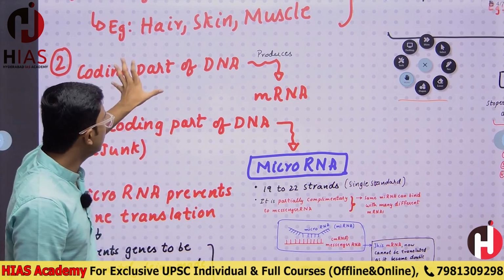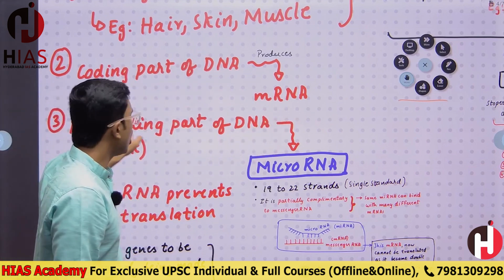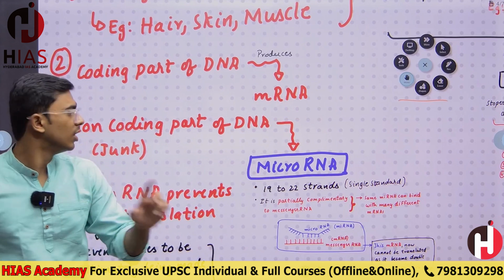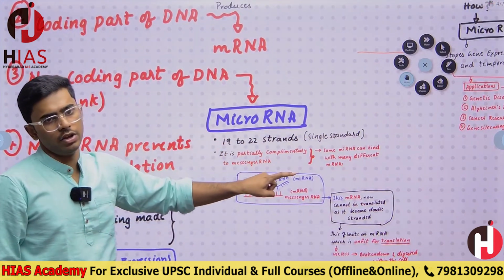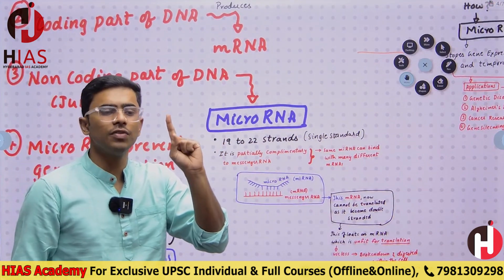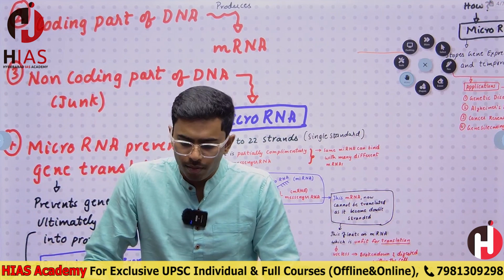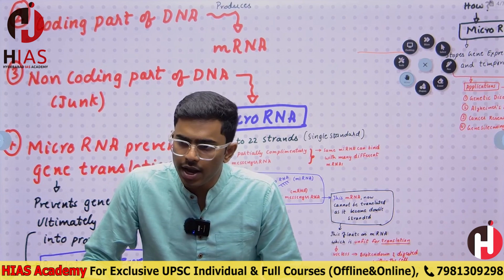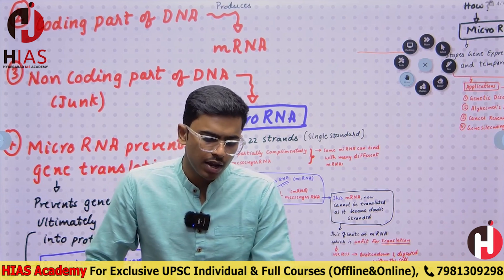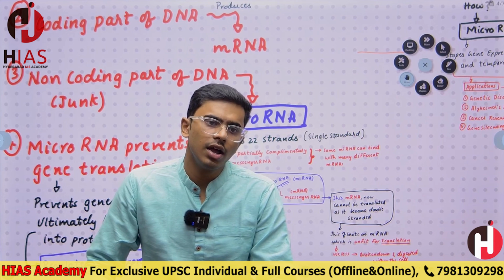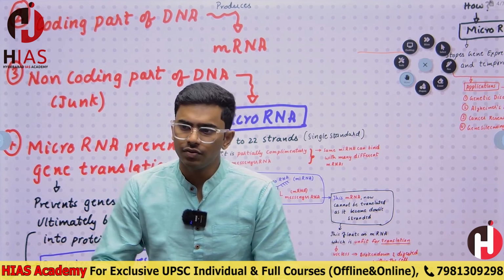Genes produce mRNA, the non-coding part, that is non-genes, produces microRNA. If someone asks you what a microRNA is, you have to tell them that it is the RNA which is produced by the areas which are not gene areas.